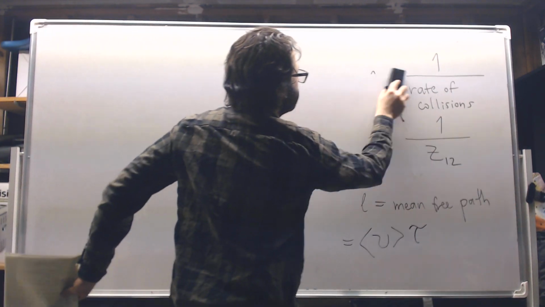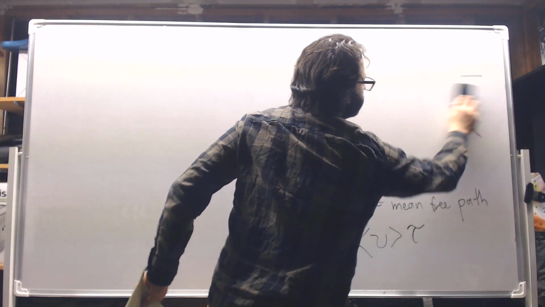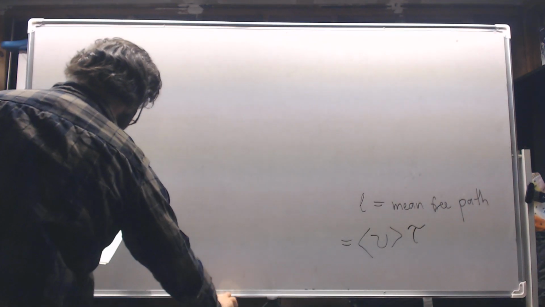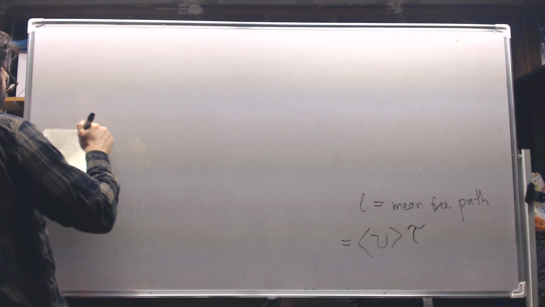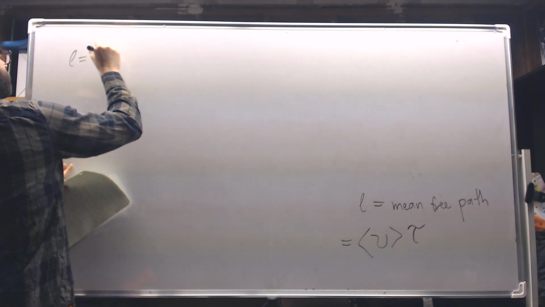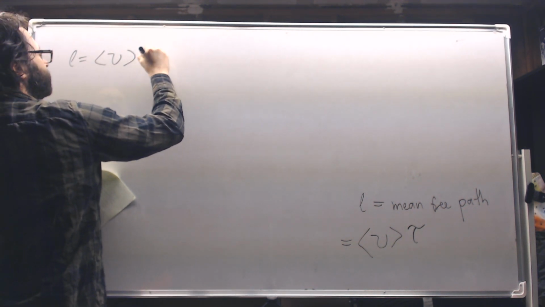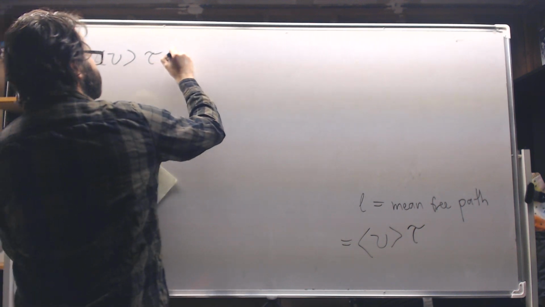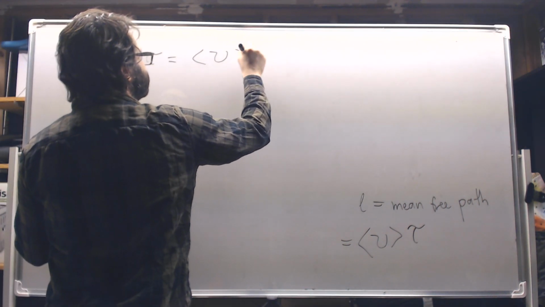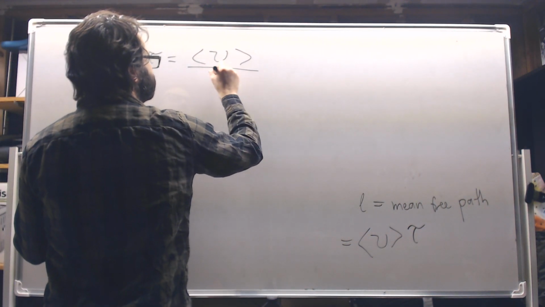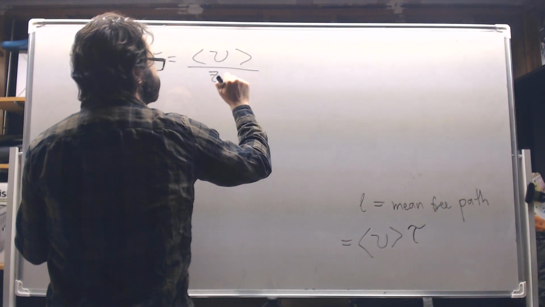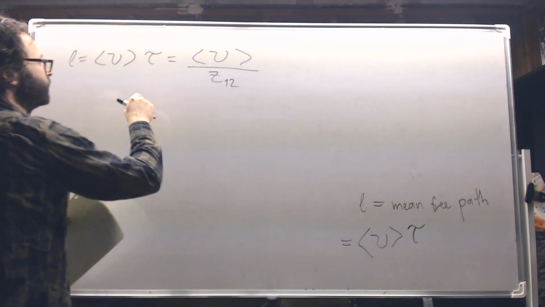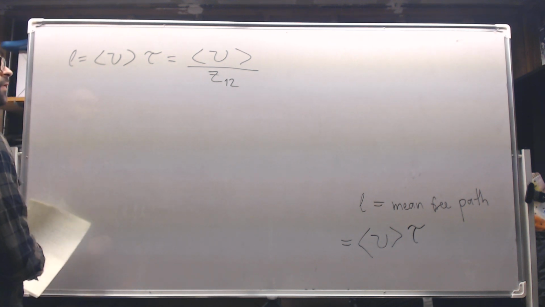Let's write it out in its full glory. The mean free path will be equal to the average speed times tau, which is the average speed divided by the single particle collision rate, right? These are related as one over the other.